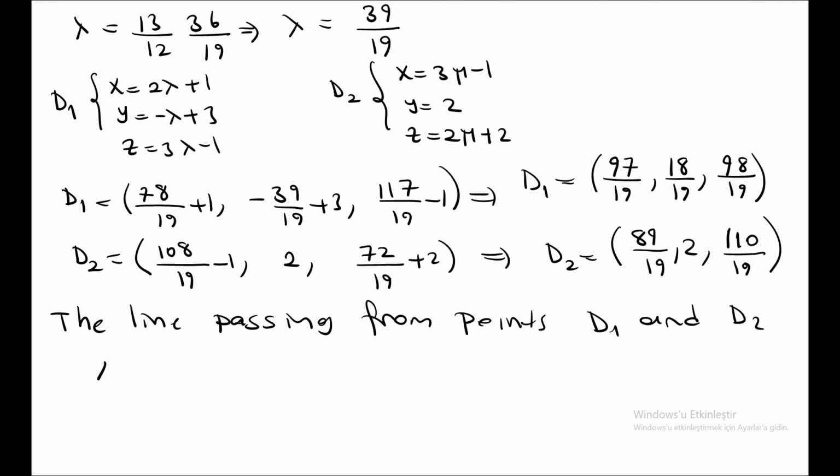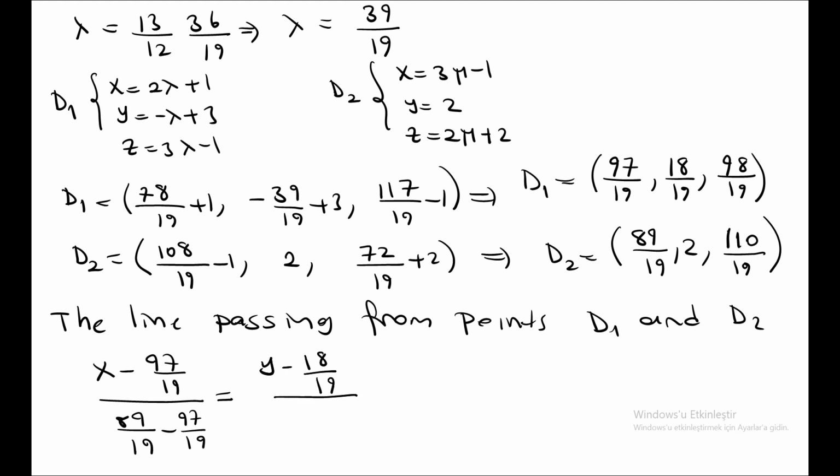So we have this one: x minus 97 over 19 over 89 over 19 minus 97 over 19, equals y minus 18 over 19 over 2 minus 18 over 19, and the last one z minus 98 over 19 over 110 over 19 minus 98 over 19. So this is our line.